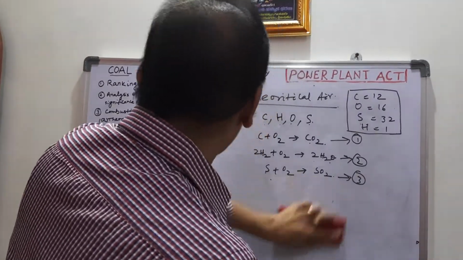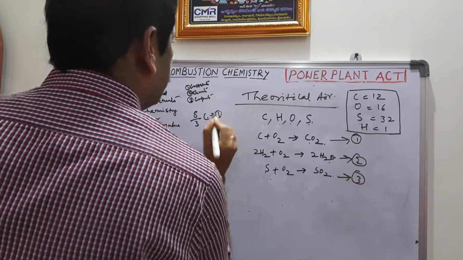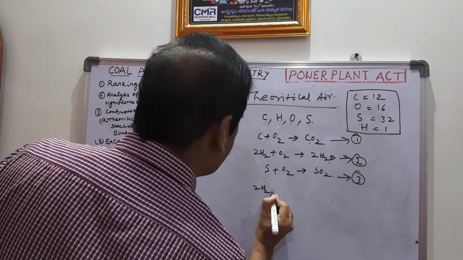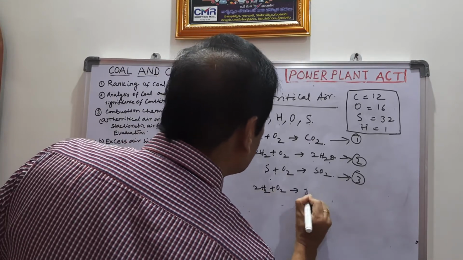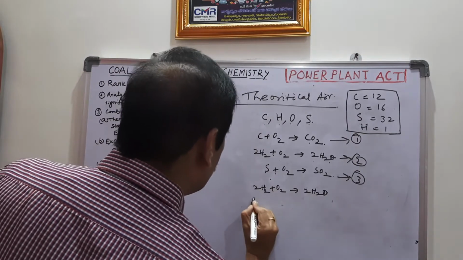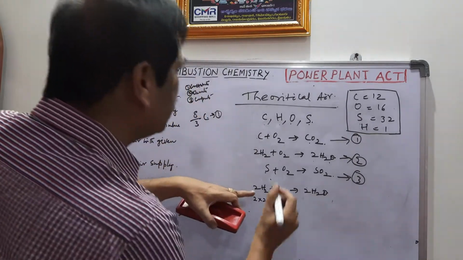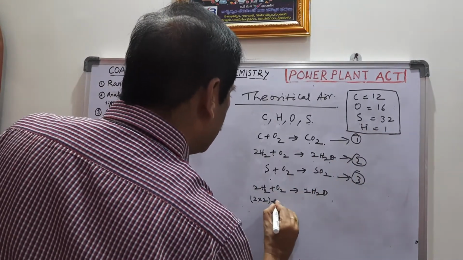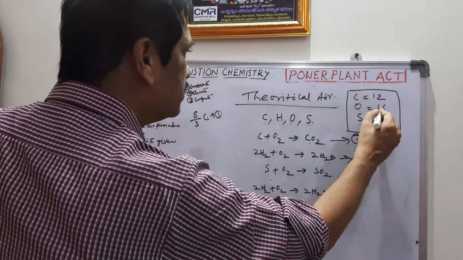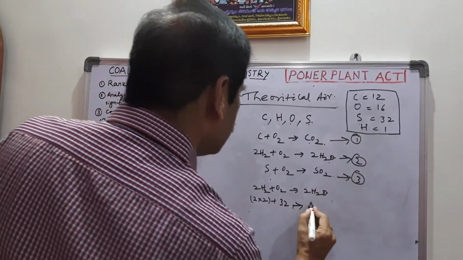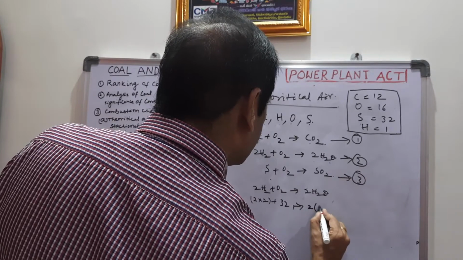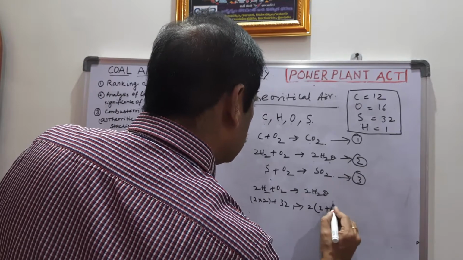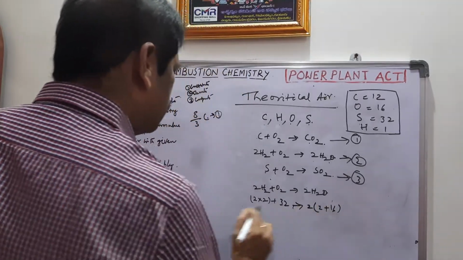Then for the second, 2H2 plus O2 becomes 2H2O. Hydrogen's molecular weight is 1, so 2H2 means 2 into 2, plus oxygen 32, since oxygen is 16. This becomes 2 into (2 plus 16).